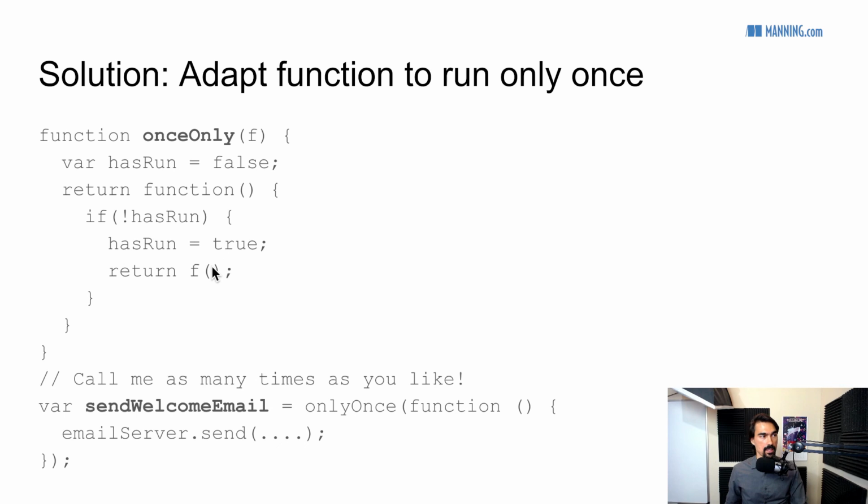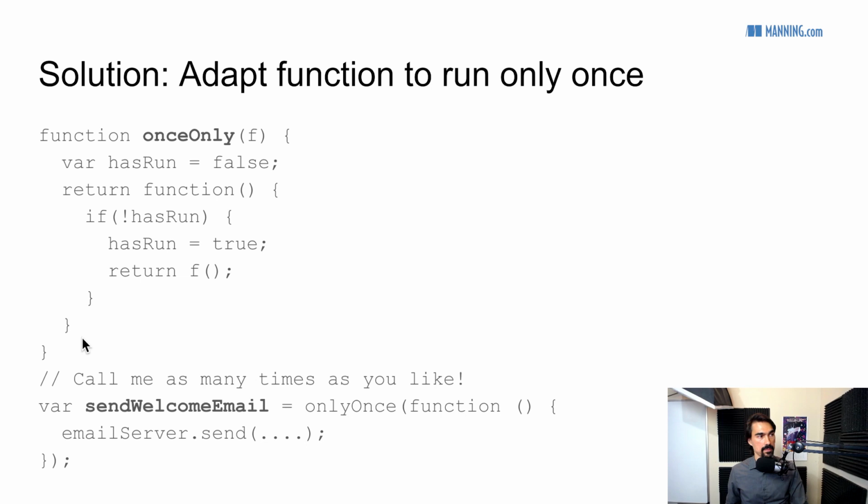So the first time it runs, hasRun is going to be false, and so it's going to call f. It returns the result of calling f, it doesn't return f. So it's going to call it and return the return value. But the second time, hasRun is going to be true, and so this is going to get skipped.